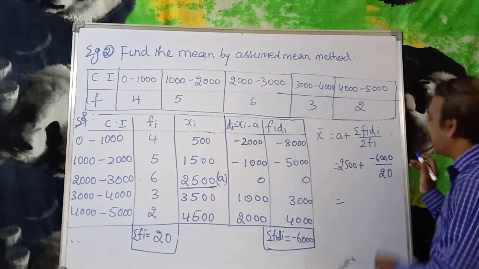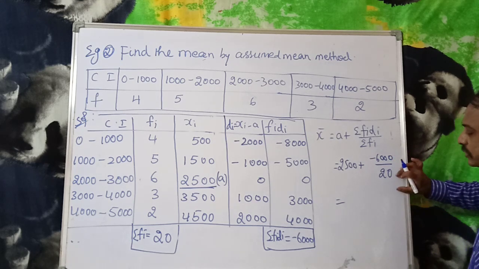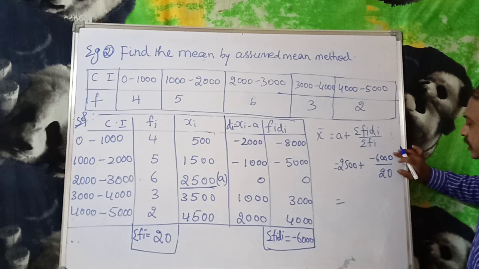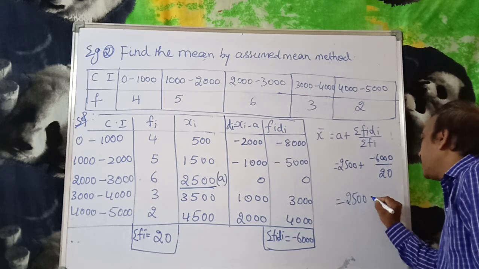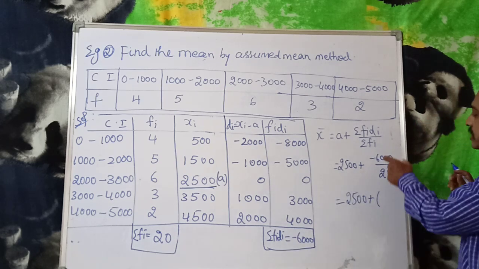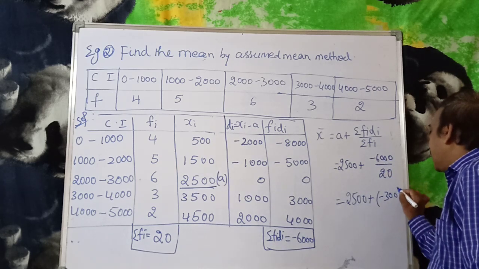If you cancel the zero, 6000 by 20 gives minus 300.